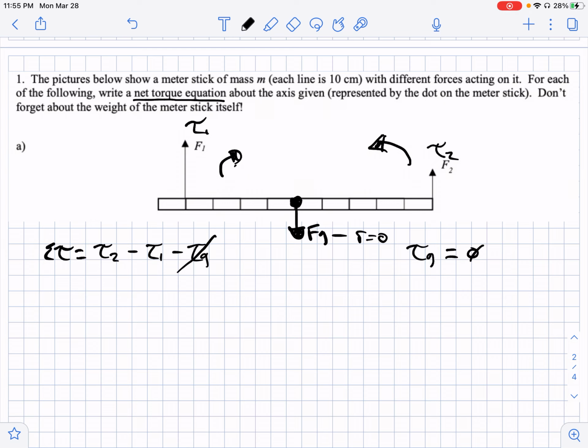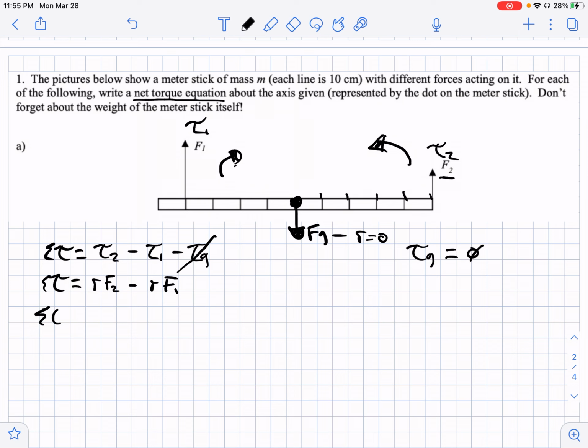Now they told me that each dash was 0.1 meters. So we can go a little bit further with this net torque equation. The torque caused from F2 is just going to be R times F2 minus R F1. And counting our moment arm for F2, we have 0.1, 2, 3, 4, 5.